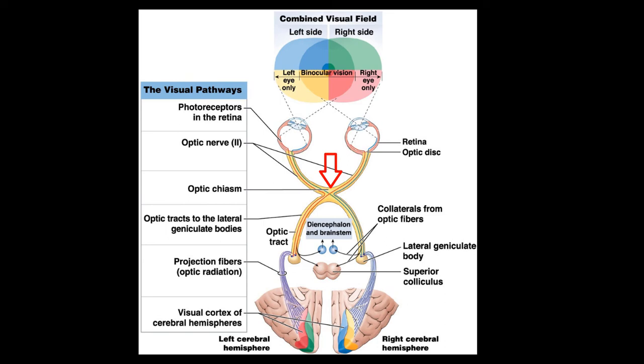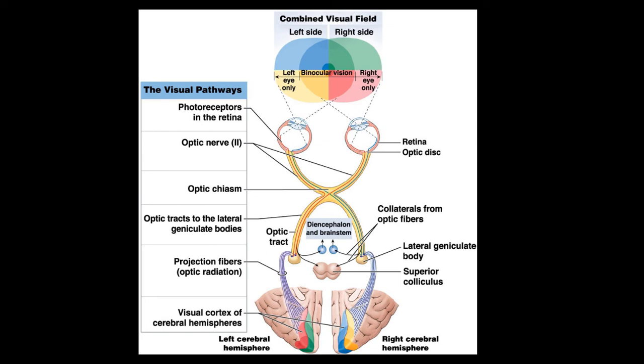From the optic chiasm, about half of the fibers proceed toward the lateral geniculate body of the same side of the brain, whereas the other half cross over to reach the lateral geniculate body of the opposite side. From each lateral geniculate body, the visual information travels to the occipital cortex of the cerebral hemisphere on that particular side.